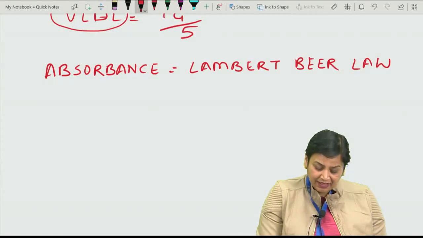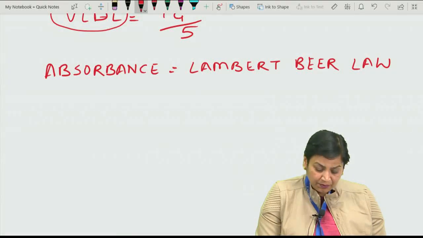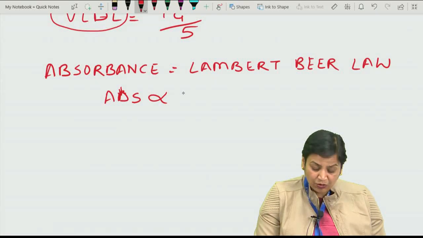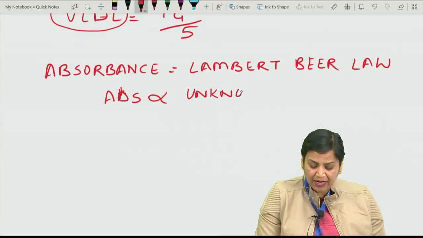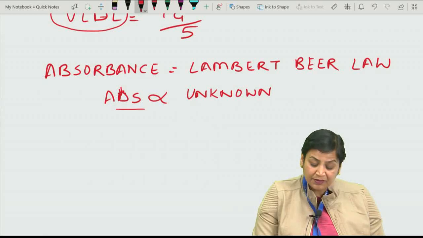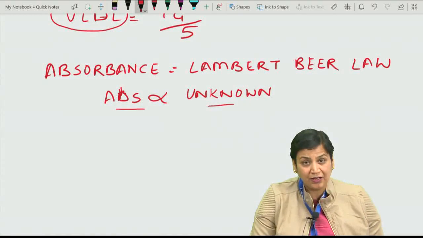Now what happens here is, it is directly proportional. More the absorbance is directly proportional to the amount of the metabolite in that unknown substance. More the absorbance, more will be the concentration of that unknown substance.